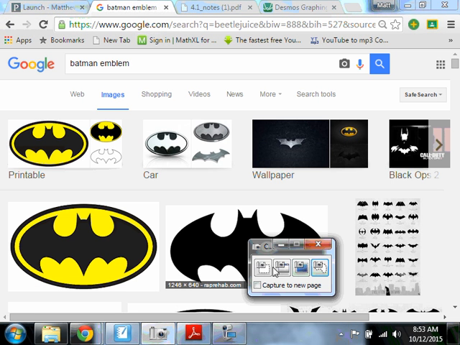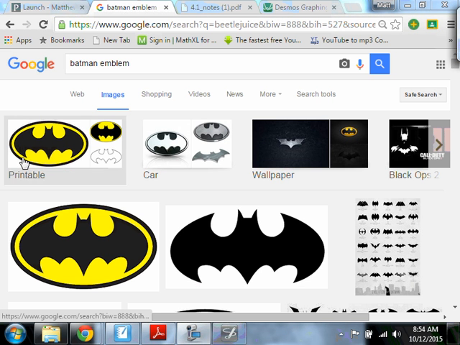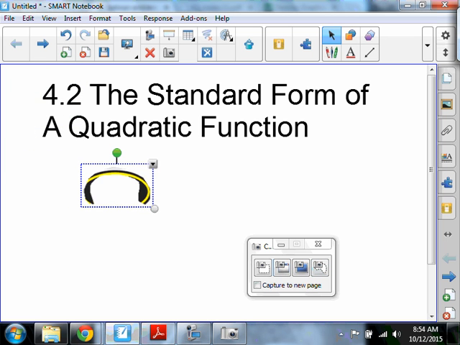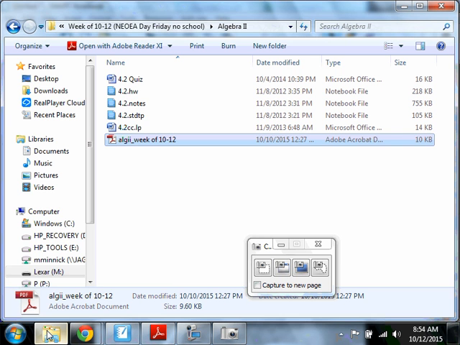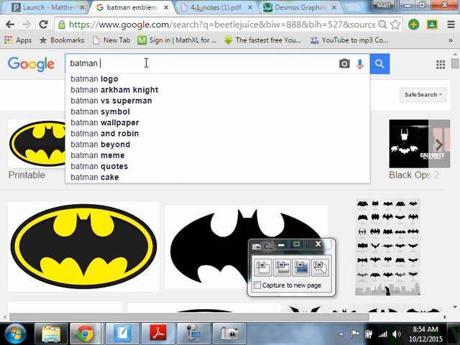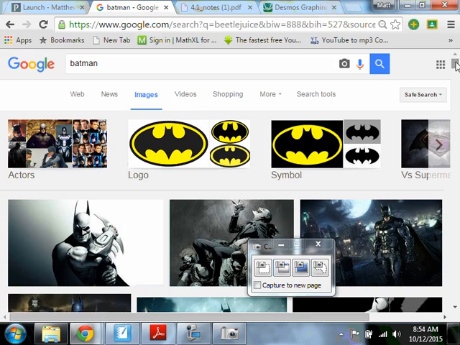Who doesn't love Batman? I mean, Batman is great, isn't it? So I'm going to cut out part of the bat symbol. There we go. There's part of the bat symbol. And then I need to do a Google search for Batman. And there's a certain Batman that I'm looking for.